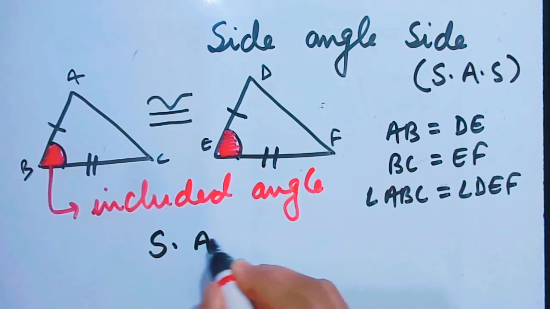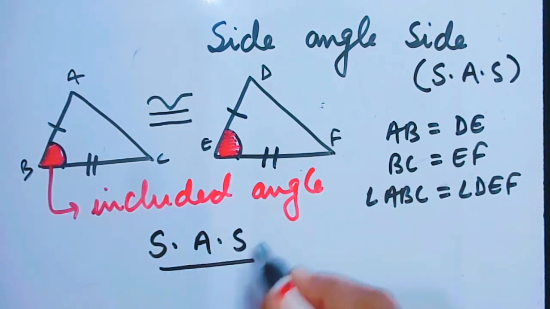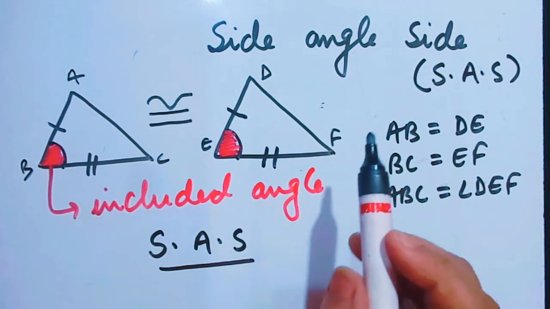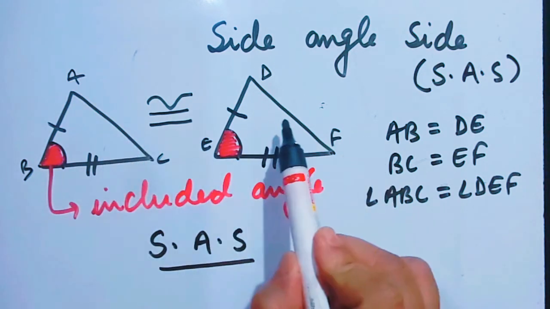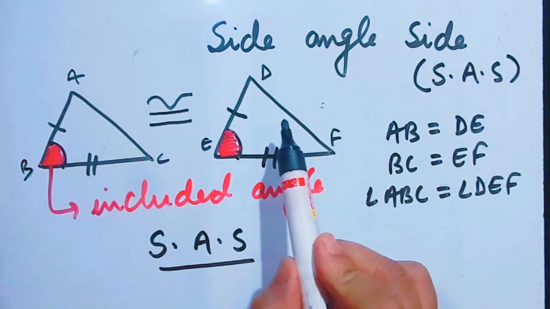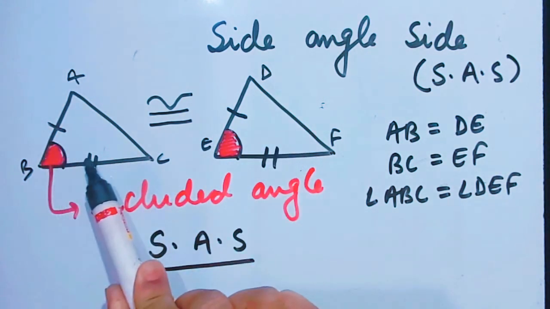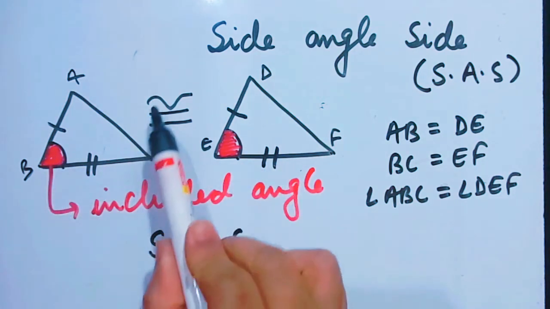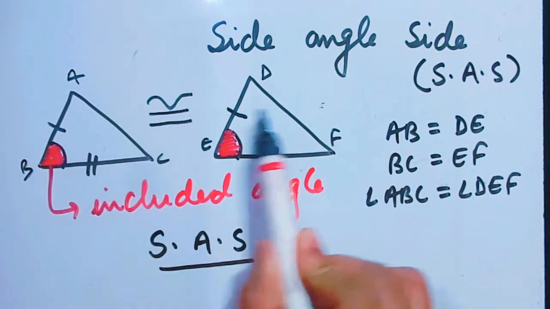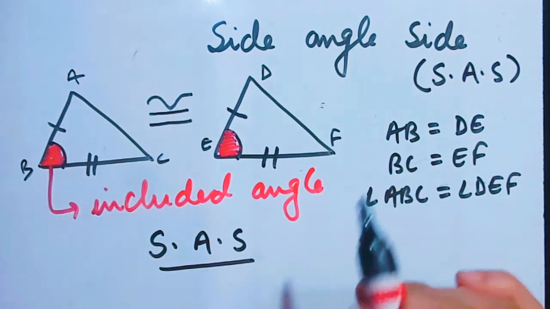Side angle side. Clear? Now, as we saw in the previous one, we required 6 data to prove that the two triangles are congruent, but here only 3 data are needed, meaning 2 sides and the included angle are given, and then we say that the two triangles are congruent. Simple.